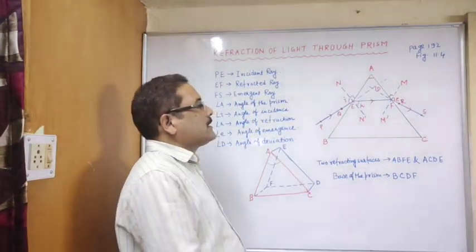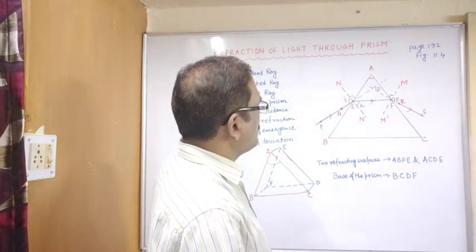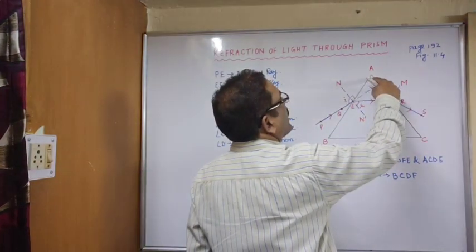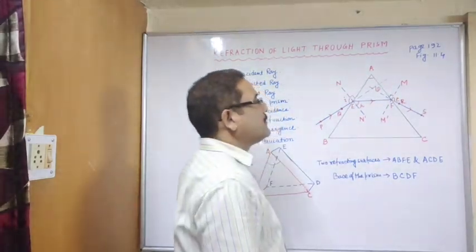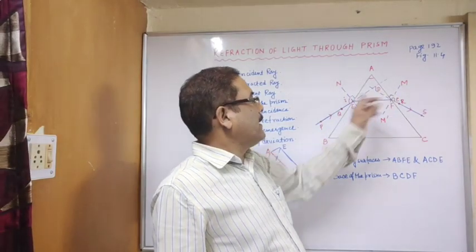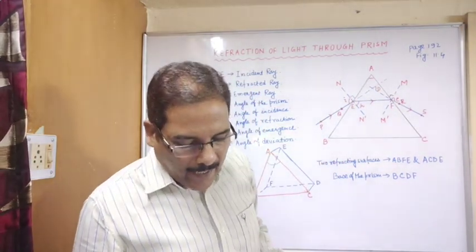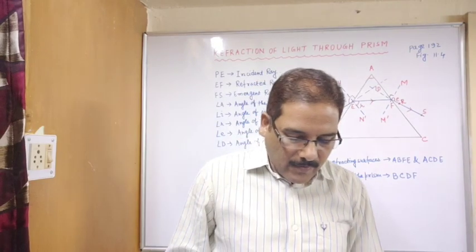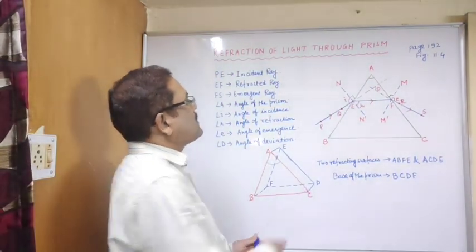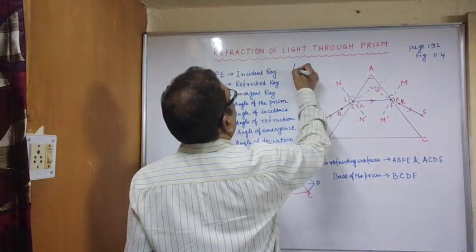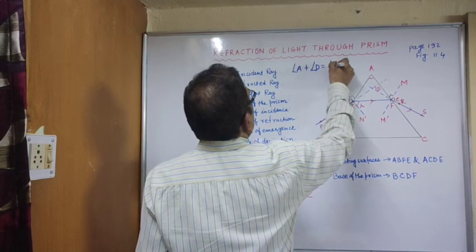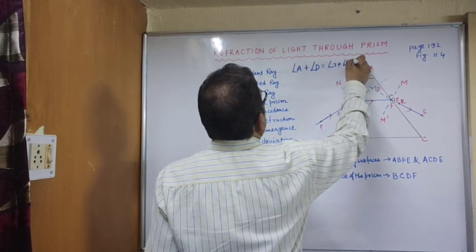Now the angle between two refracting surfaces is an acute angle, and this is known as the angle of the prism. So in a prism, angle A plus angle B is equal to angle of incidence I plus angle of emergence E.